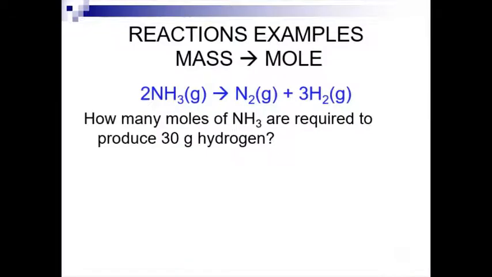Okay, so this time, let's start with mass of something, X maybe, and let's go ahead and find the moles of Y. In the balanced equation here, it says how many moles of ammonia, NH3, so we're looking for moles of ammonia, are required to produce 30 grams of hydrogen.